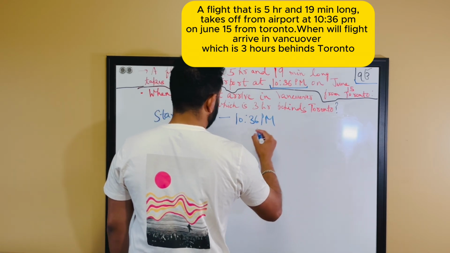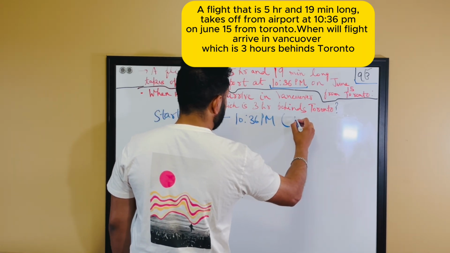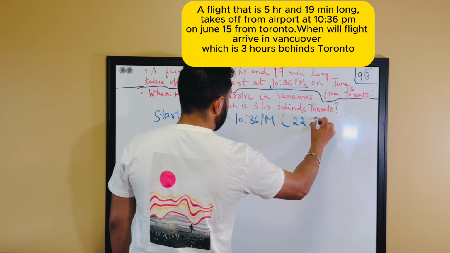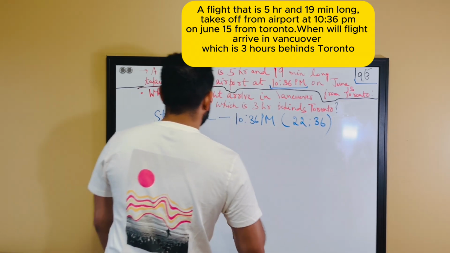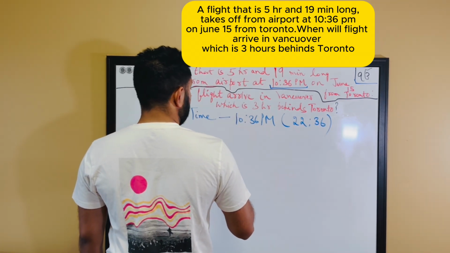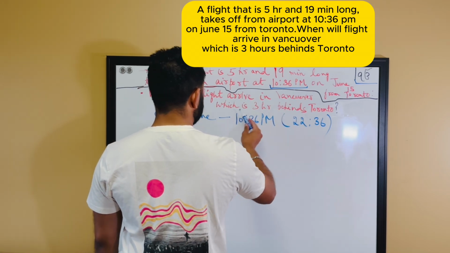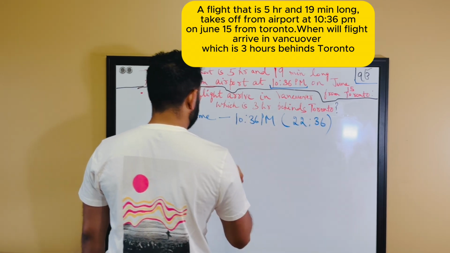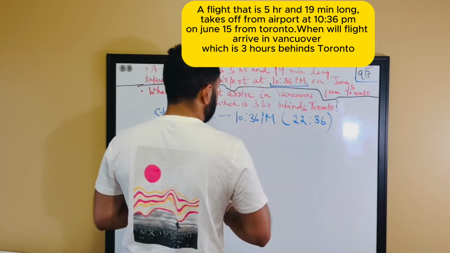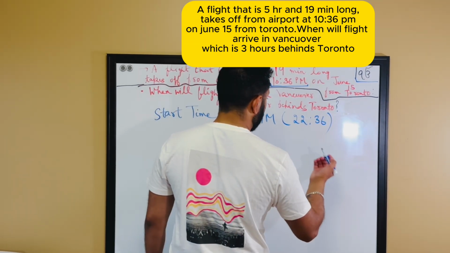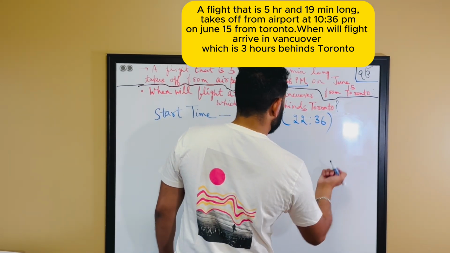In 24-hour notation we can write it down as 22:36. And also Vancouver is 3 hours behind Toronto. That means, let's take an example, just a random time.